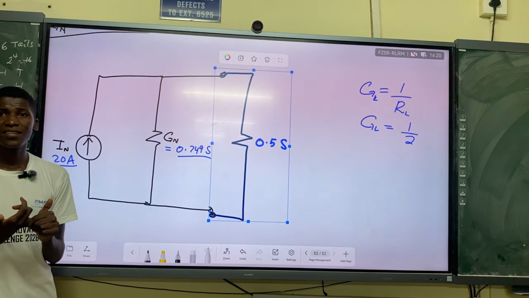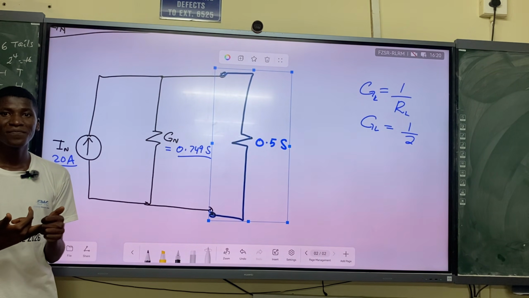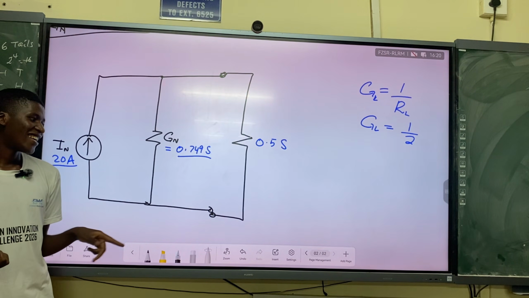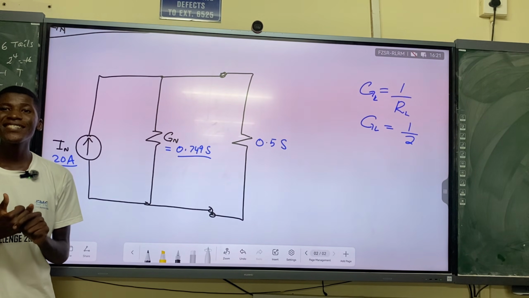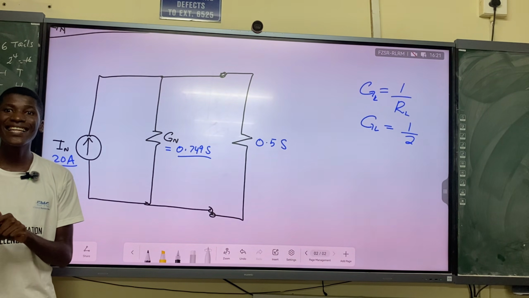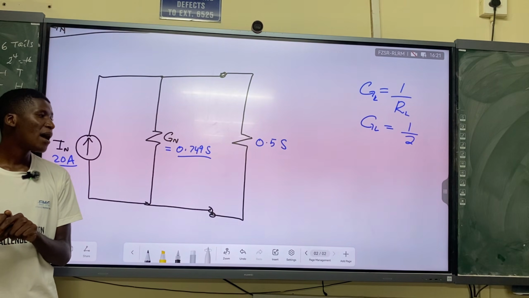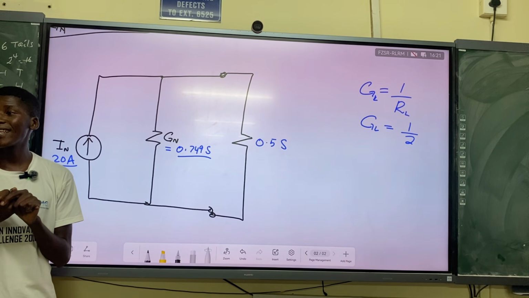Parallel. Do you know the difference between series and parallel? Series means that we are dividing our voltage. Parallel means that we are dividing the current.